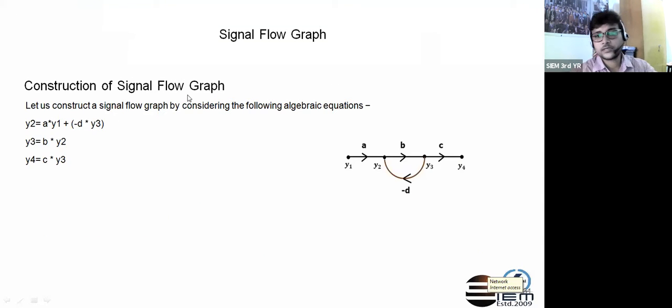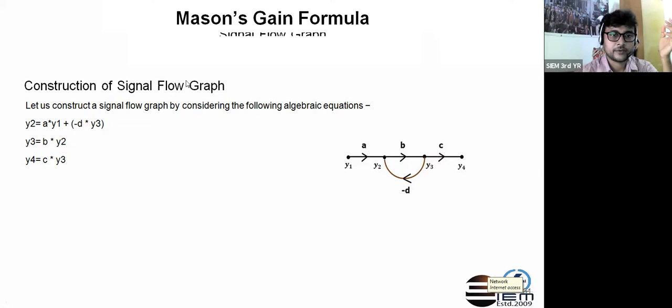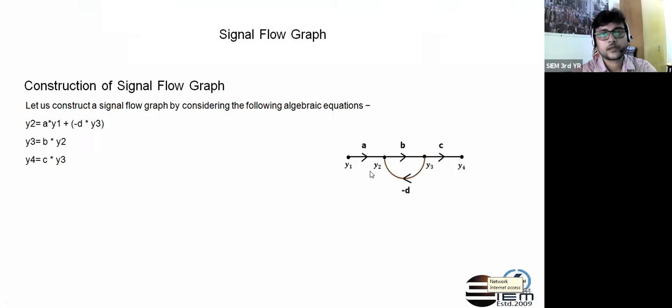Now construction of the signal flow graph. So the same diagram we have drawn again here. Okay, so what should we write? That is y2 equals a y1, as per the diagram.